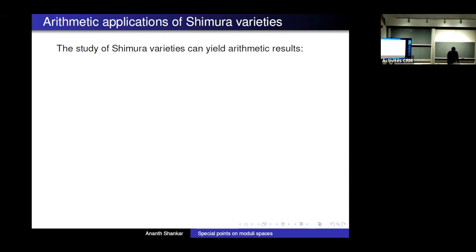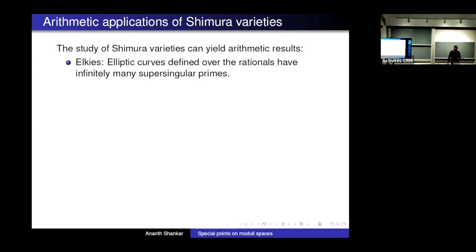So for instance, by studying the modular curve and special points on the modular curve, Elkies proved his landmark theorem, namely that if you have an elliptic curve defined over the rational numbers, then it has infinitely many supersingular primes. This was thought to be extremely difficult, and Elkies came up with a really beautiful argument. If you take any elliptic curve over the rational numbers, you can reduce its coefficients modulo primes, for all but finitely many primes.